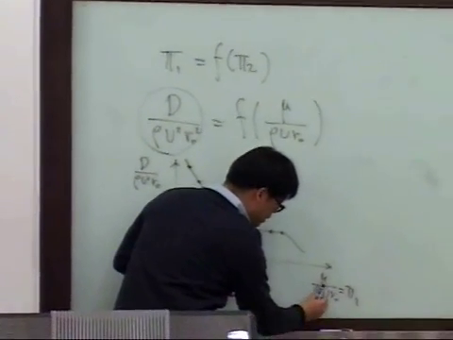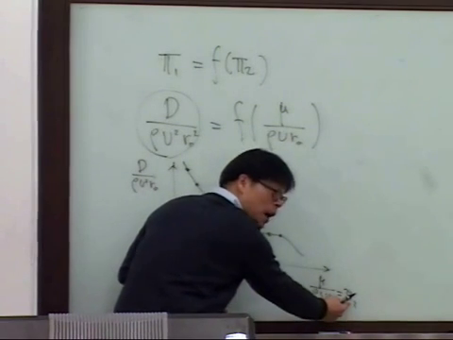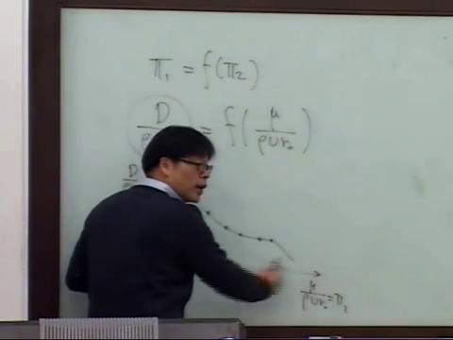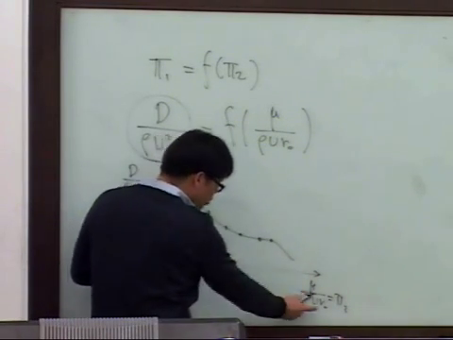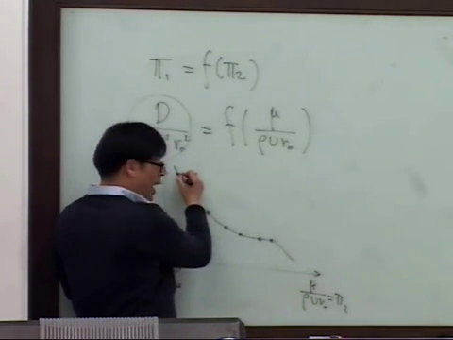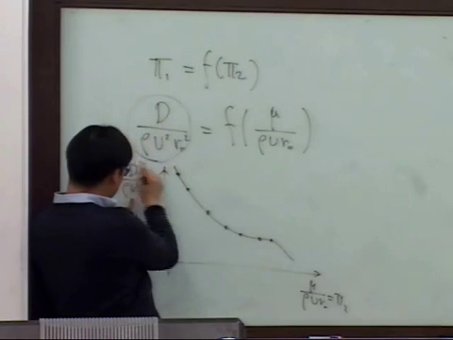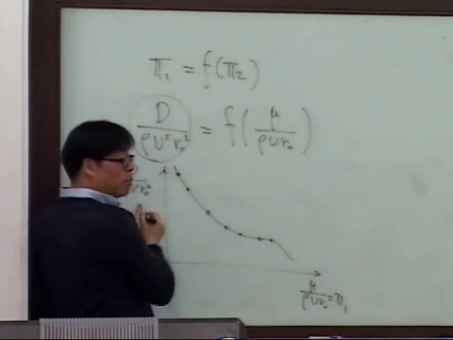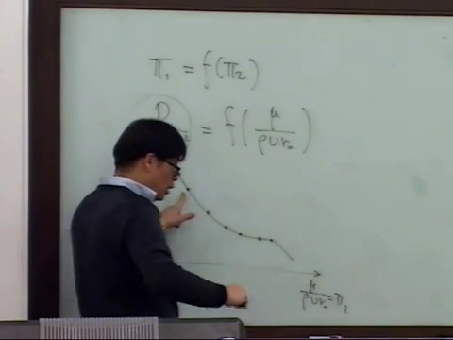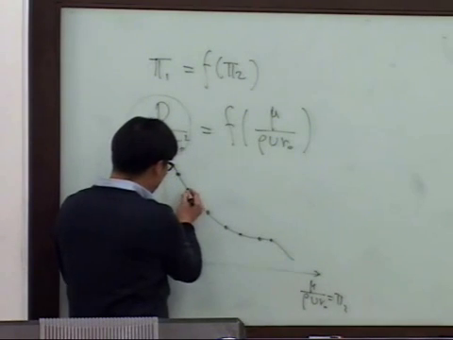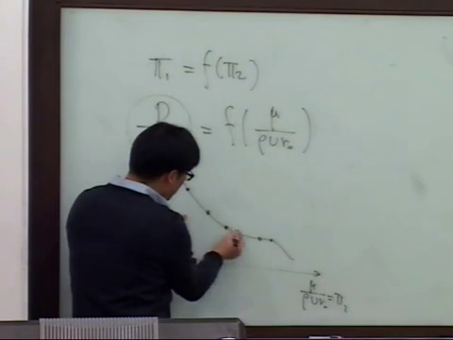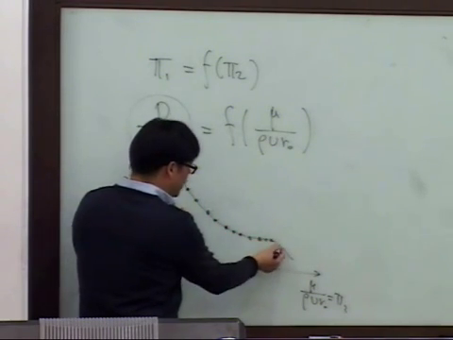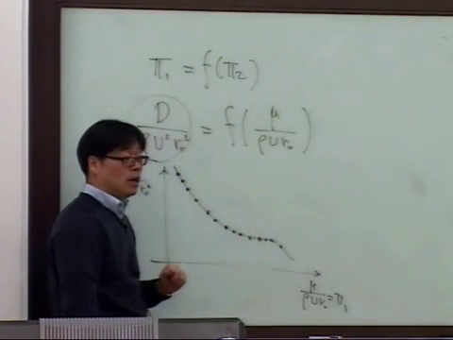Because you fix this, and you only change u, so you change pi 2 basically. So by changing one variable u, you change this whole thing. And every time you fix velocity, you measure drag, and then you compute this guy, and then you can find the point, and then you increase velocity a little bit, and then you find the point here. You find points here, here, here, here. If you want to have another point, you can do several experiments, and then you can find this shape. Okay?